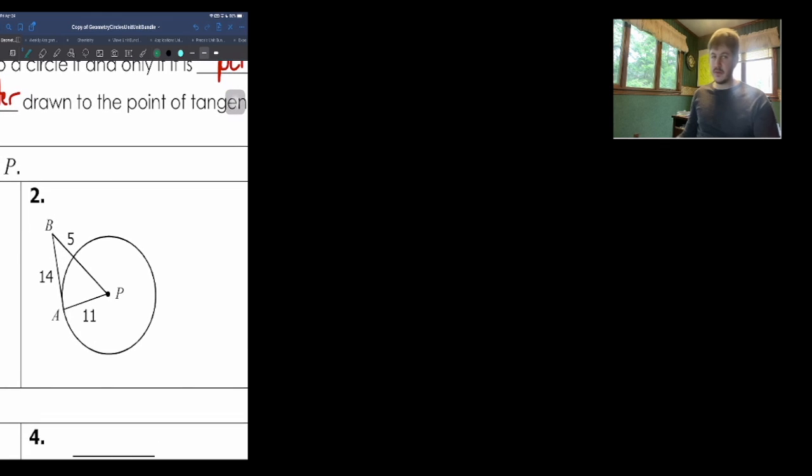You'll notice that if this is in fact a right triangle, that should be the hypotenuse to that triangle, which is what we're trying to figure out. Is that a right angle? If that's a right angle, that's how we can determine if AB, again, is tangent or not. But in this diagram, clearly 5 can't be the longest side.